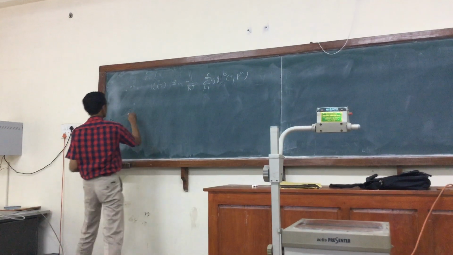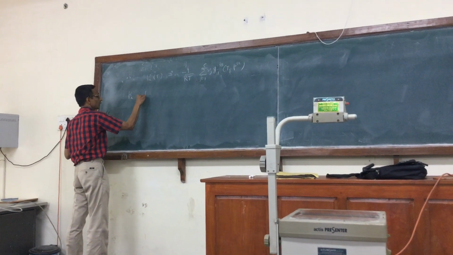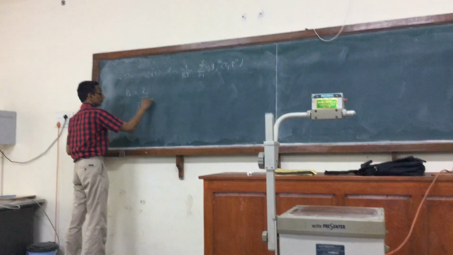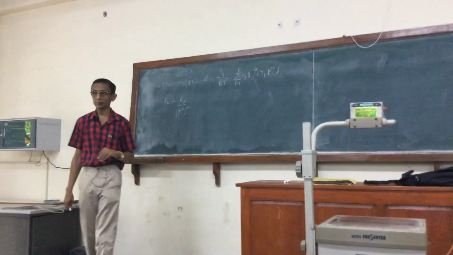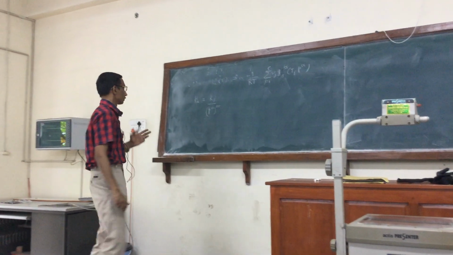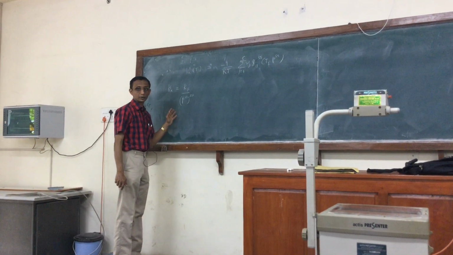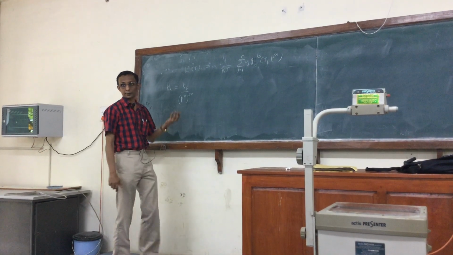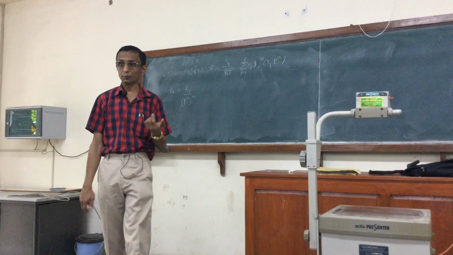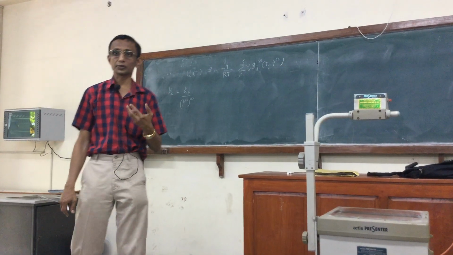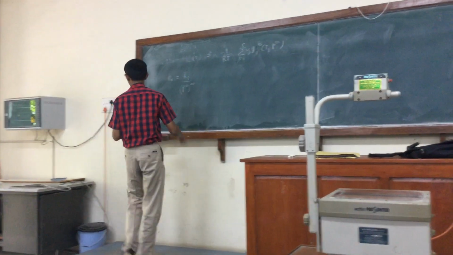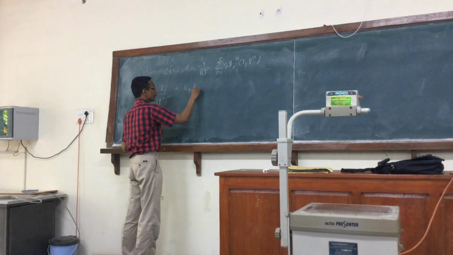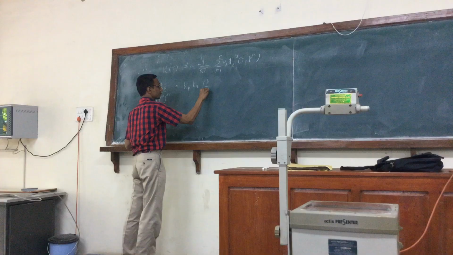For that, we saw that Ka becomes Kf by the standard state pressure raised to the power of delta nu, which is the difference in the stoichiometric coefficient, the sum of the stoichiometric coefficient on the product side minus the sum of the absolute value of the stoichiometric coefficient on the reactant side. So this then becomes K phi Kz times P over P standard.